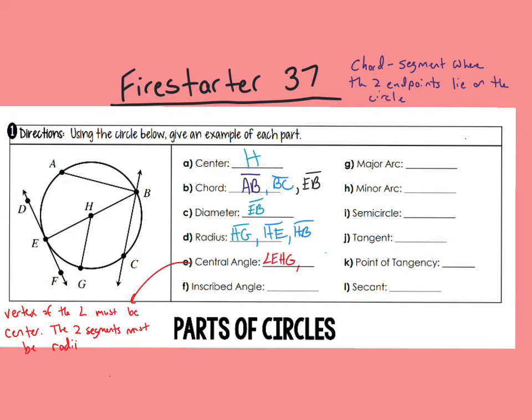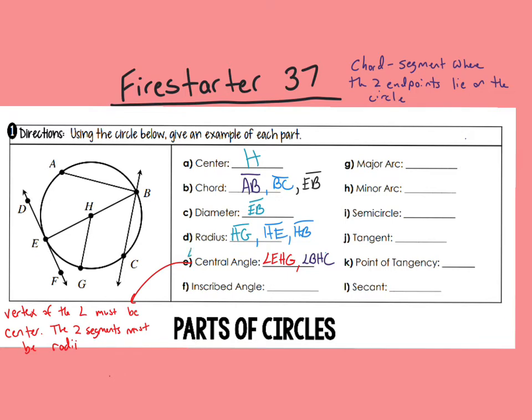That is not the only option. I could say angle BHC. I could go from B to H to C. All right. B to H to C. So I could say angle BHC. Actually, remember, you could even argue that EHB itself is an angle because it measures 180 degrees.